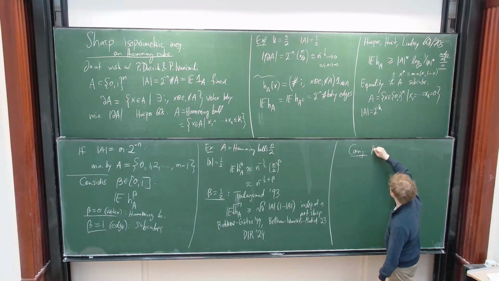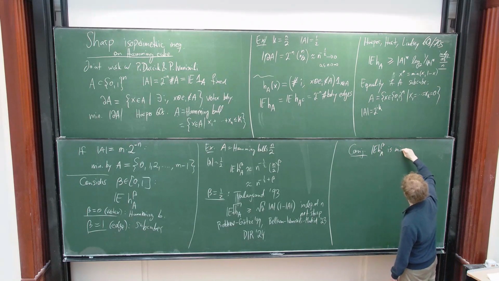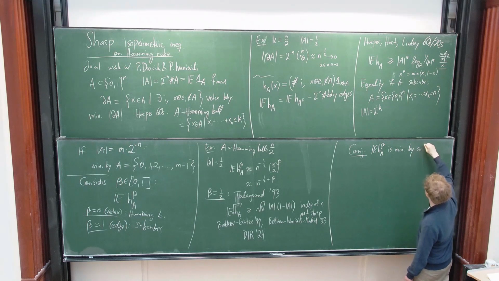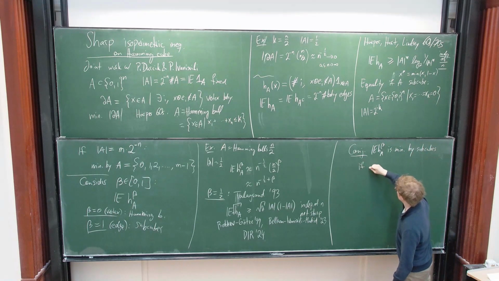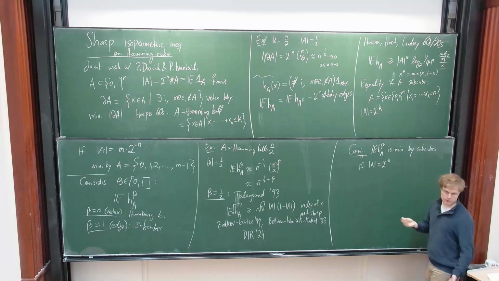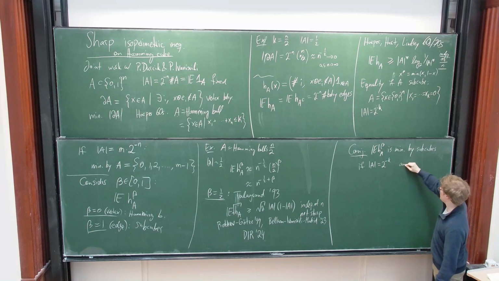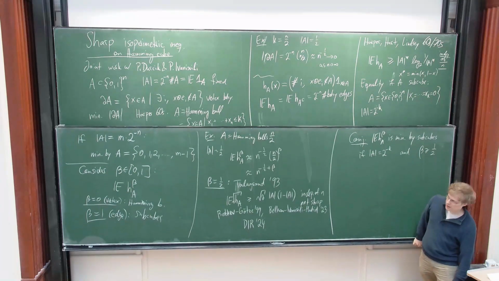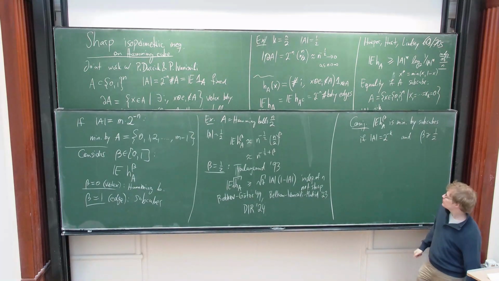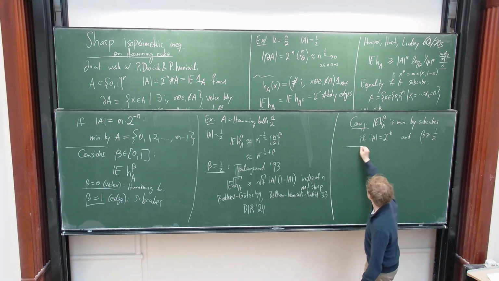So the conjecture is that this quantity is minimized by subcubes if A takes the volume of a subcube and beta is at least 1/2.